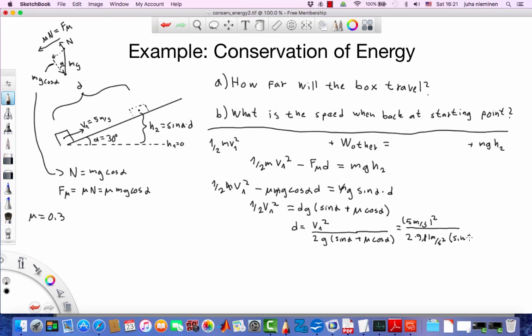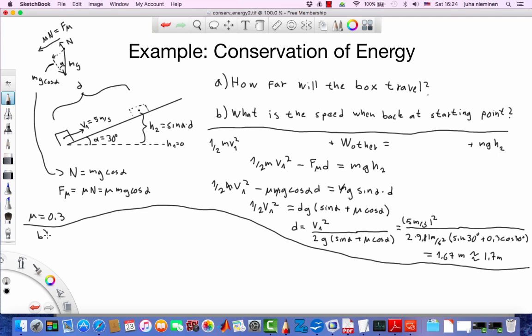So sine of 30 plus mu, which is 0.3, times cosine 30 degrees. And it's about 1.67 meters, or with 2 significant digits, 1.7 meters.